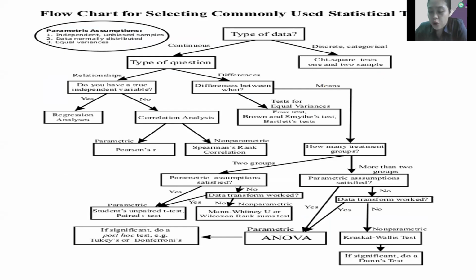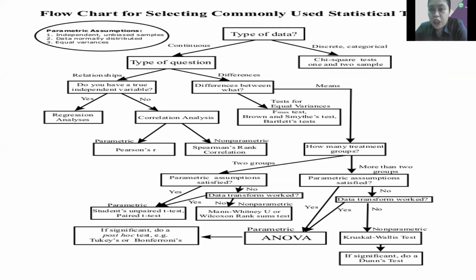If you have your experience in making research, you encounter statement of the problem asking for significant difference or asking for significant relationship. So dito yan siya papasok. Okay? Do not forget to first identify the data type.